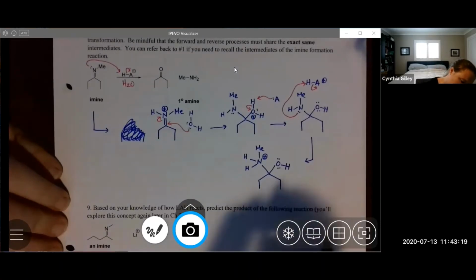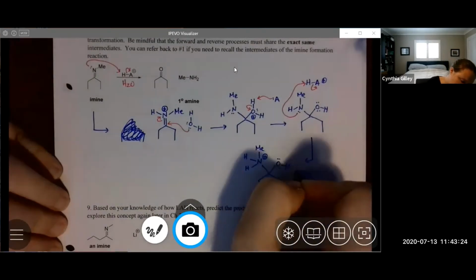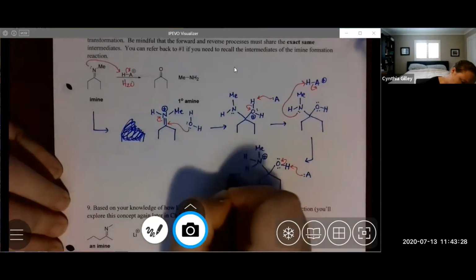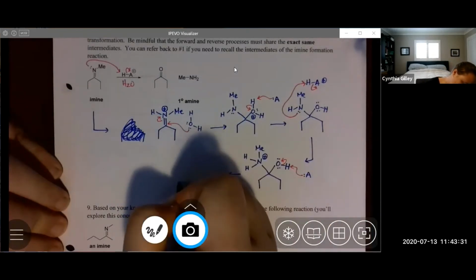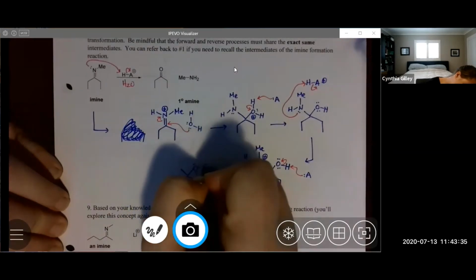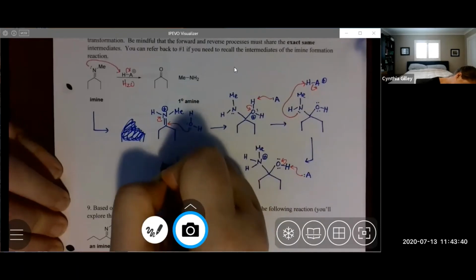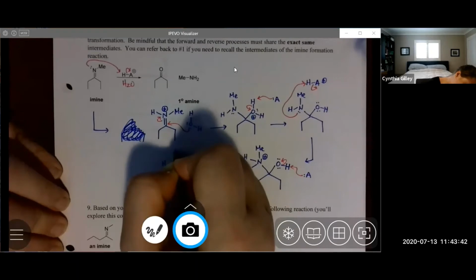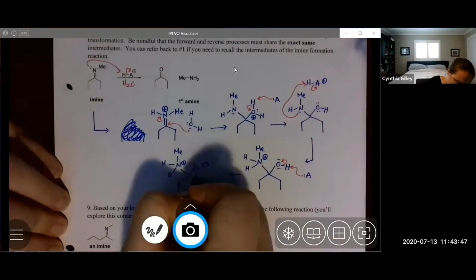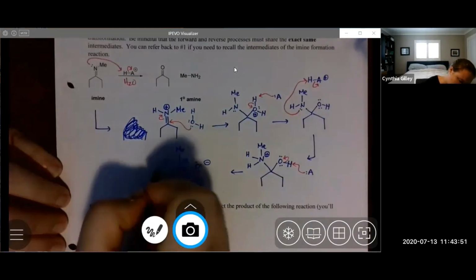So we will take our generic base, remove this proton to form the negatively charged oxygen, and then we'll be able to pick out our leaving group, and we've regenerated the two products.